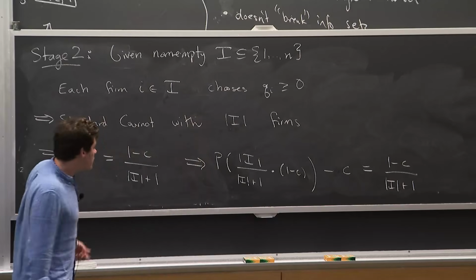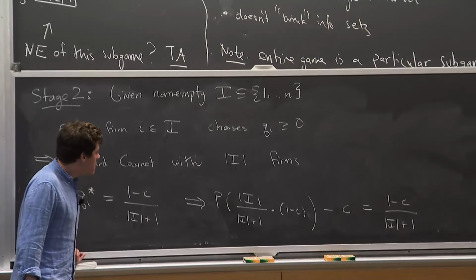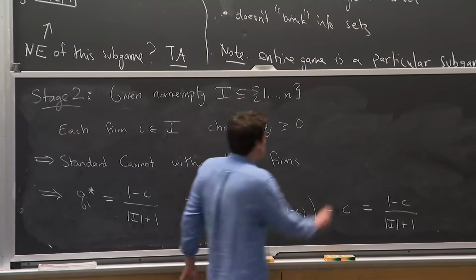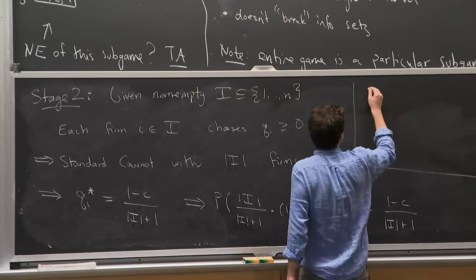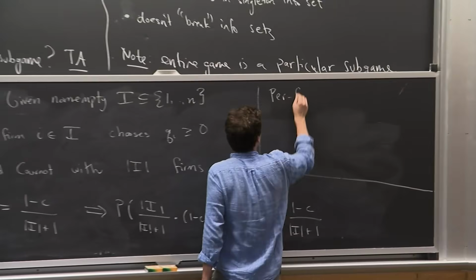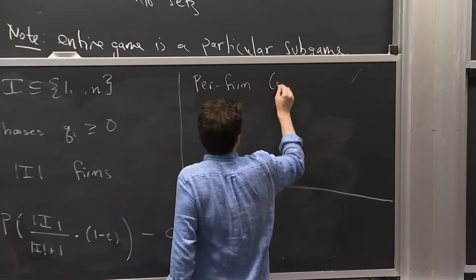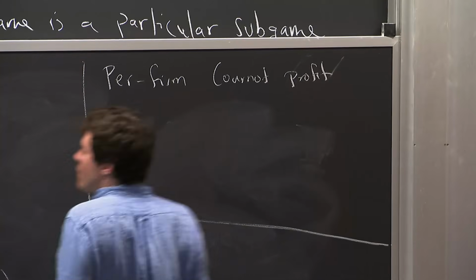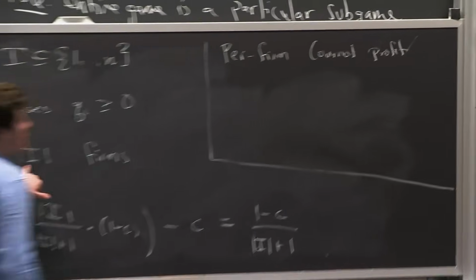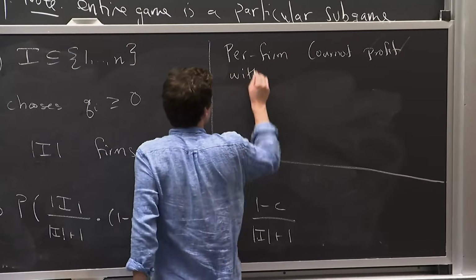So now what we can write down is we can actually compute, so this is a good thing to remember. What we're computing is the per firm Cournot profit. And it's a bit messy to keep writing cardinality of I. So let's say with k firms.